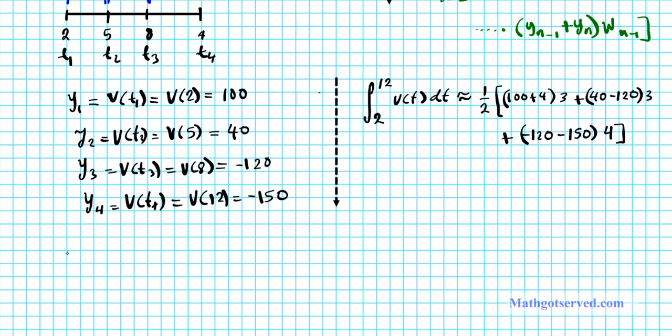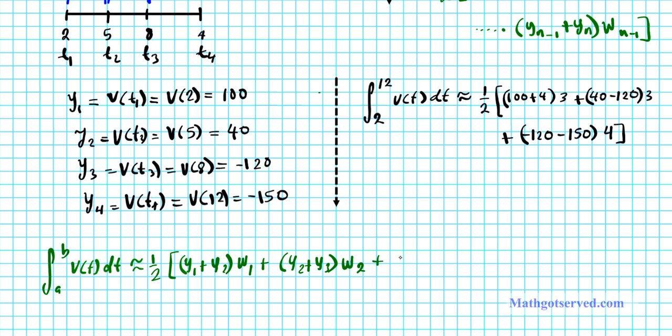What I did here for the integral from a to b of v of t dt, I just approximated it by saying, oh, since we have 3 subintervals, we're going to do 1/2 times y1 plus y2 multiplied by w1 plus y2 plus y3 multiplied by w2 plus y3 plus y4 multiplied by w3.